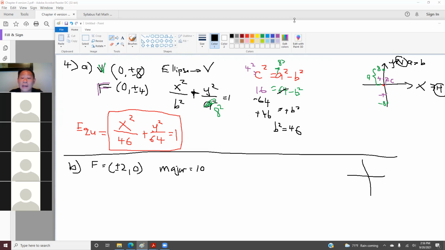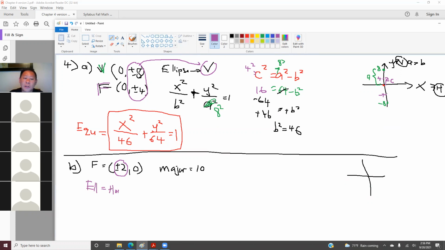So again, class, look carefully here. If the coordinates of your vertices and your foci are on the Y value, it is vertical. This is what we did in number 4A. So now your foci are on your X value, not the Y value, so this is going to be a horizontal ellipse.